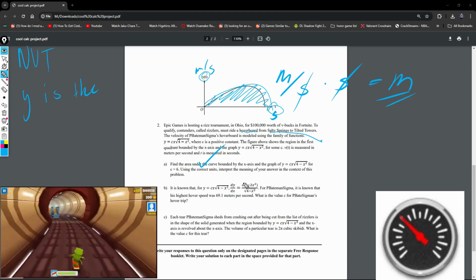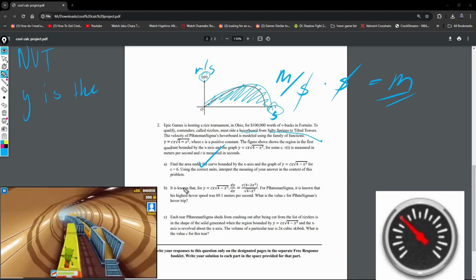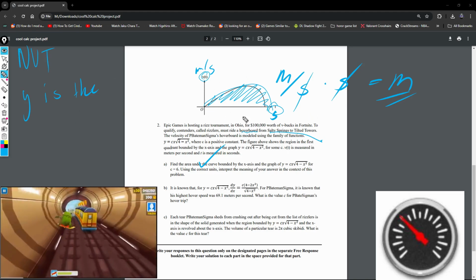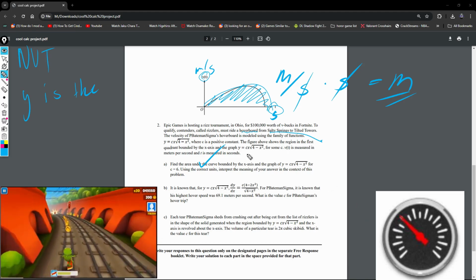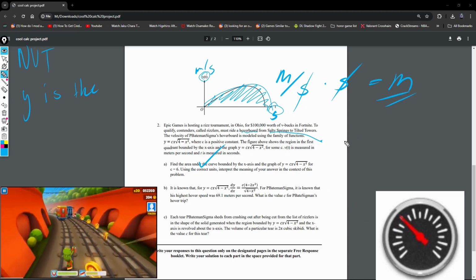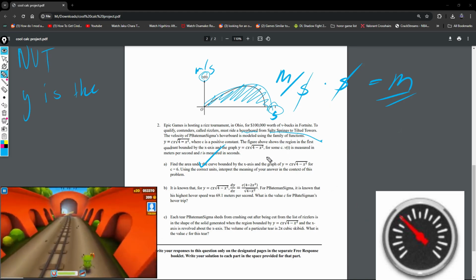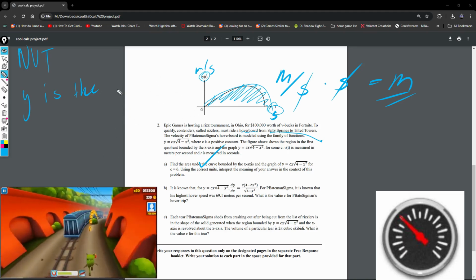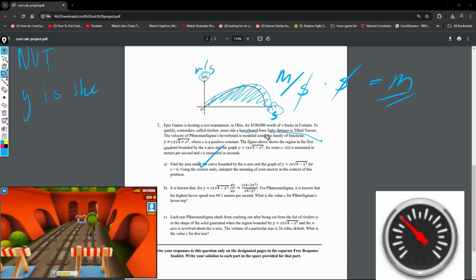So that is basically the equivalent of what is happening here, but it's exactly what's happening here. P Bateman Sigma graphs his velocity as a function of time, and he's taking the integral, and he's finding an area, which is telling him how far he went from Salty Springs to Tilted Towers. Okay, that's not total distance, sorry, it's the displacement from Salty Springs to Tilted Towers.